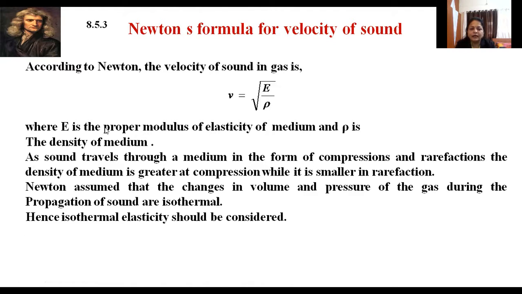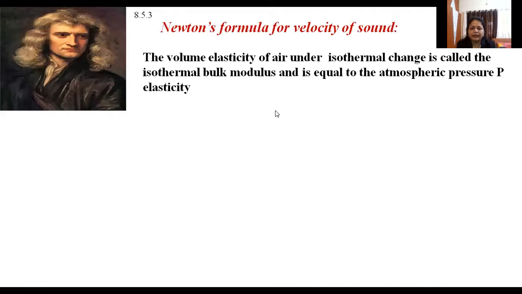Hence here, instead of using this E, we have to use the isothermal elasticity. The volume elasticity of air under isothermal change is called the isothermal bulk modulus and is equal to the atmospheric pressure P. So here the volume elasticity under the isothermal condition is called the isothermal bulk modulus, and it is equal to the pressure.